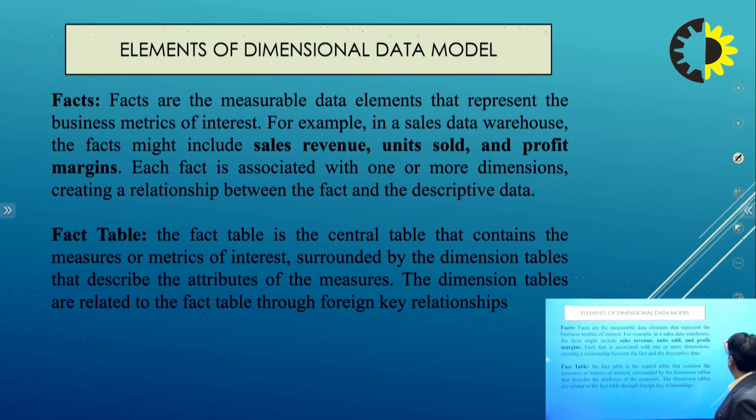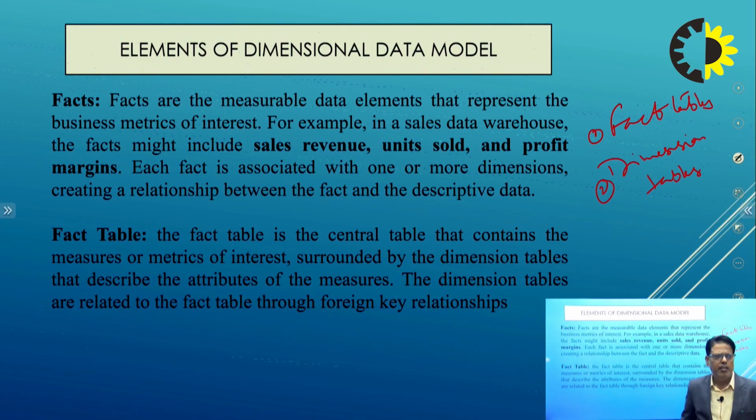Now, basically two things are used in multi-dimensional database models. The first one is fact tables and the second one is dimension tables. Fact tables basically consider the quantitative values and dimension tables basically consider the descriptive values.